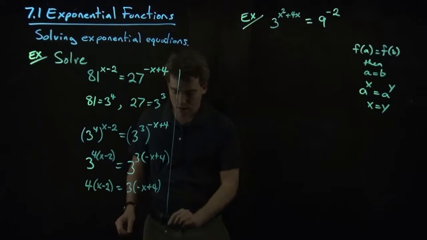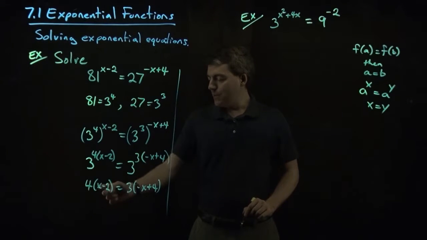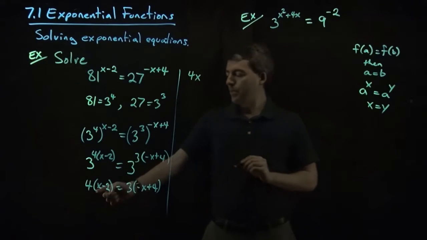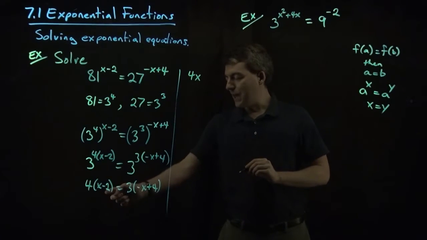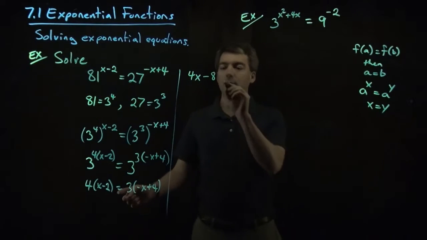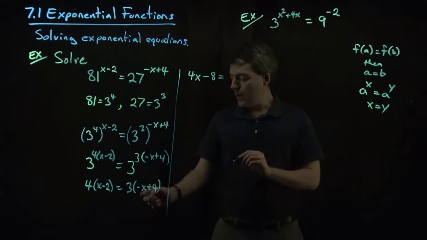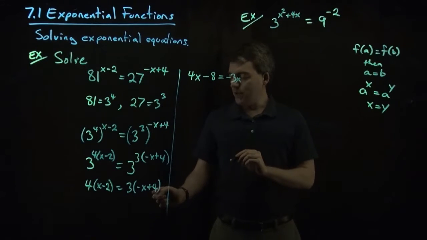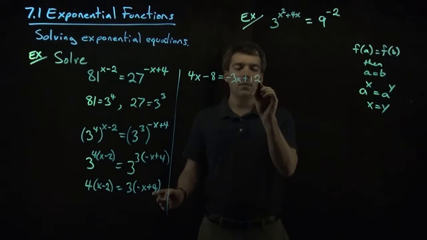So we have 4 times x minus 2, that's going to be 4x, and then 4 times negative 2, negative 8, equals 3 times negative x, so negative 3x, and 3 times 4, plus 12.